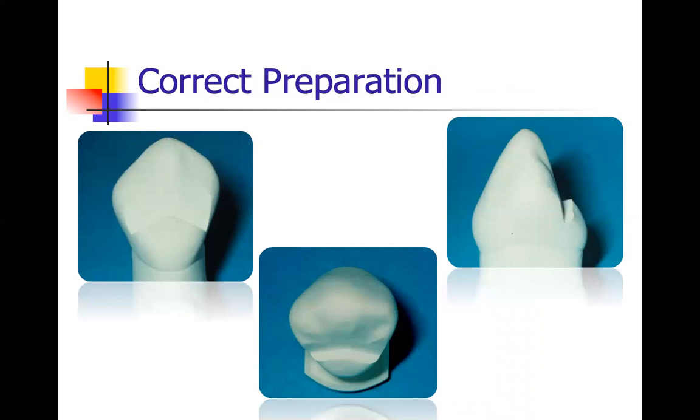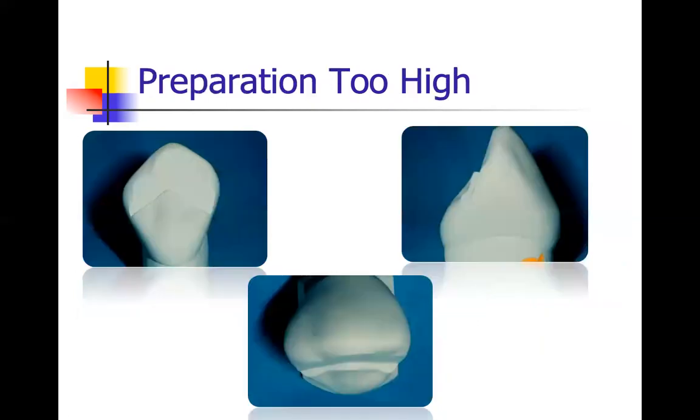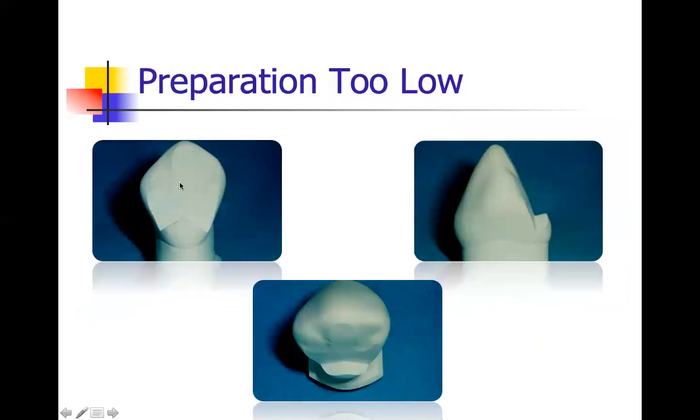The preparation should be at the junction of the gingival and the middle third of the tooth. This preparation is too high, whereas this one is too low.